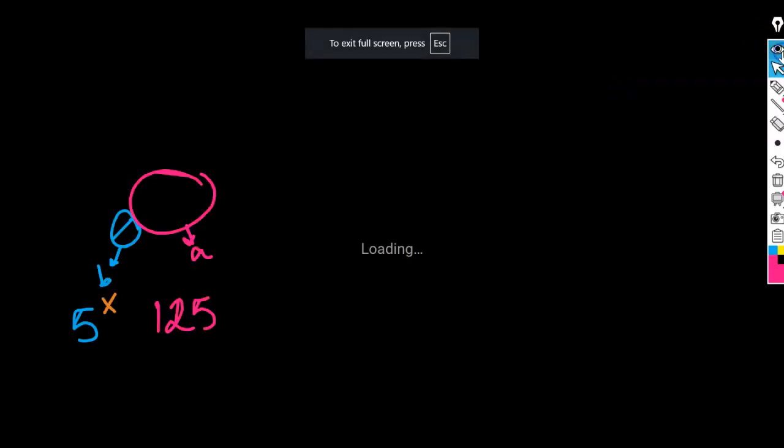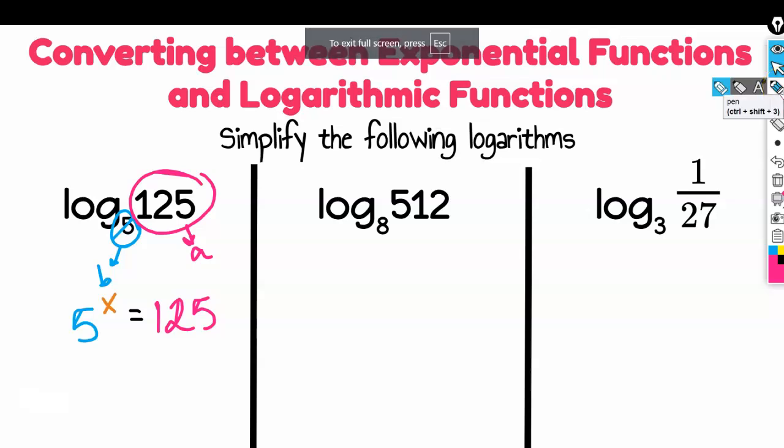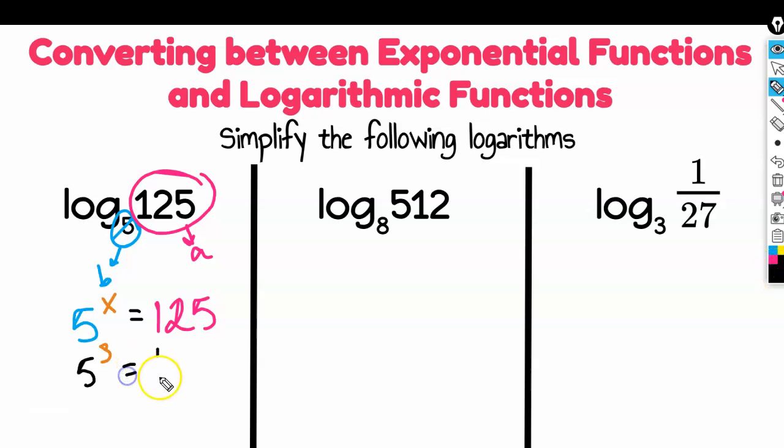So when I go back and I'm writing down my answer, I know that since 5 to the 3 is 125, that means that 3 is my answer.